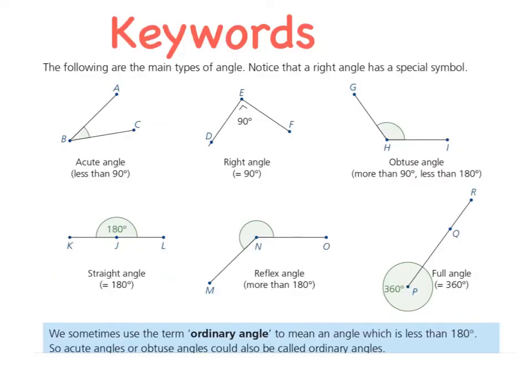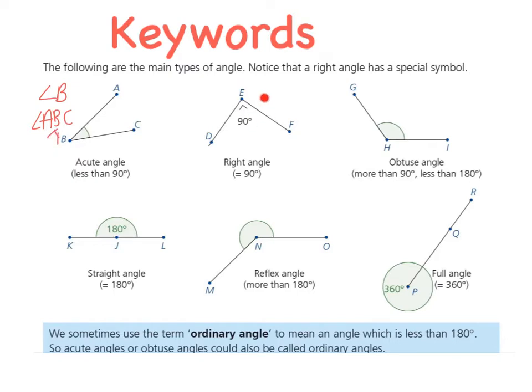Okay, so again, all of the keywords that we've looked at are super important. We've met acute angles, and this is called angle B, or I can call it angle ABC, so the one in the middle.